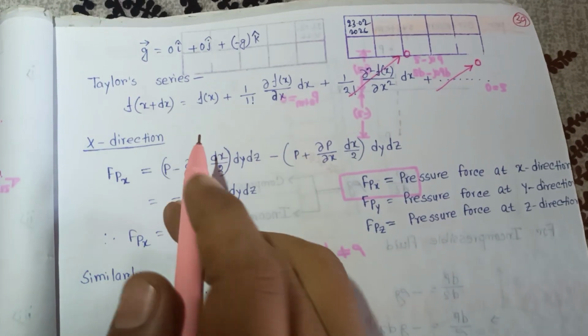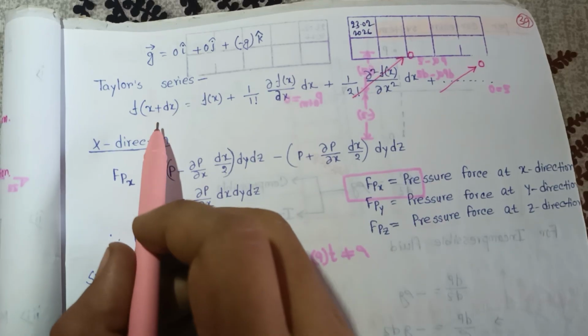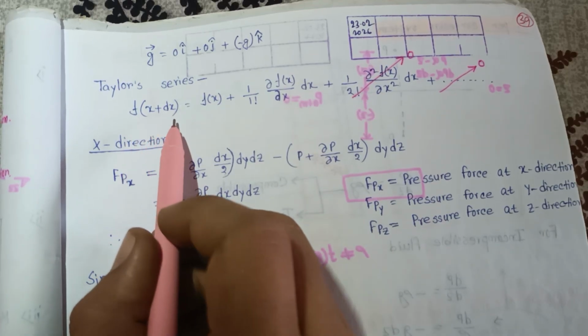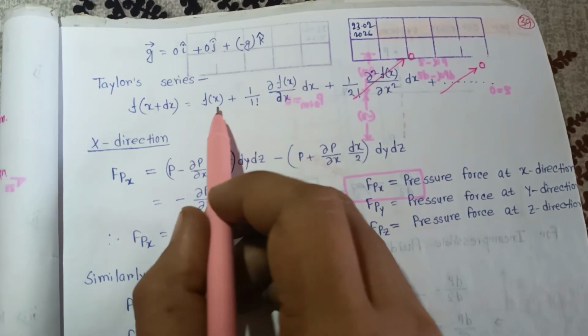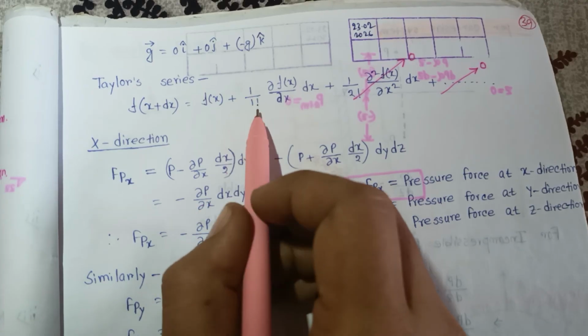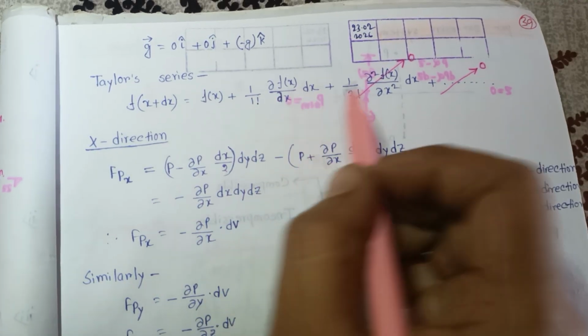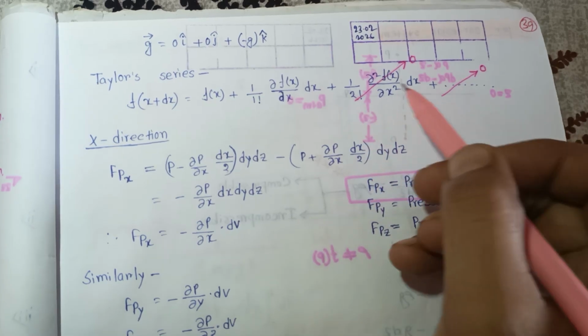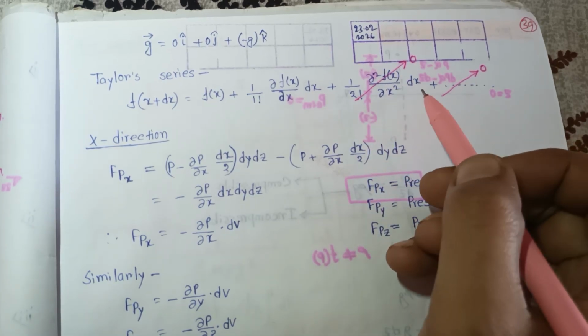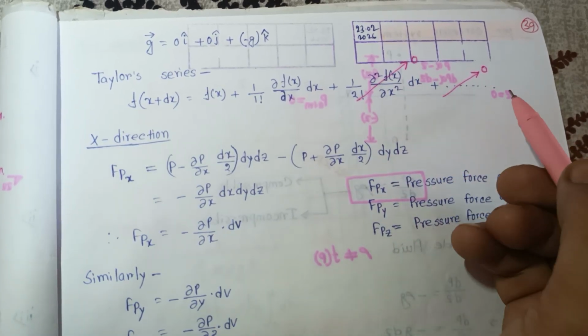From the Taylor series expansion, we know that f of x plus dx is equal to f of x plus 1 by 1 factorial del f by del x into dx plus 1 by 2 factorial del square f by del x square dx square plus so on.